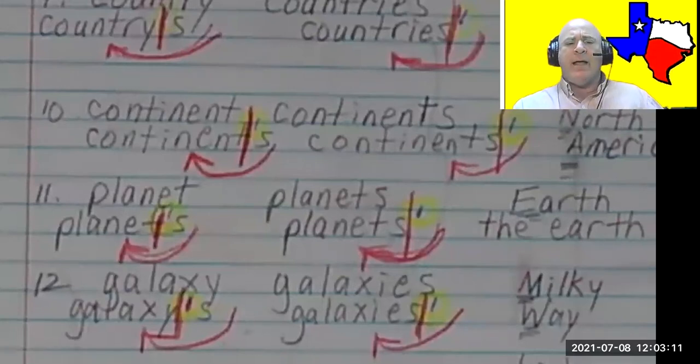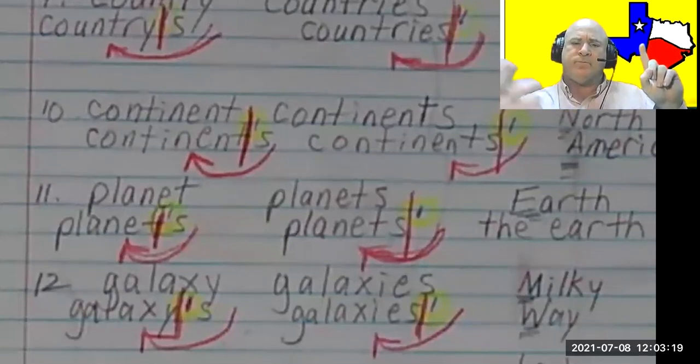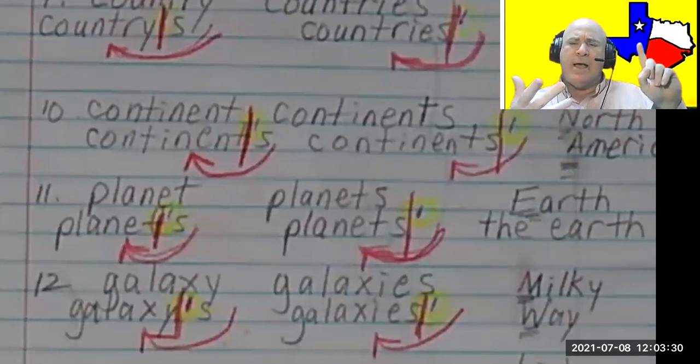Okay? Planet, singular, possessive. The planet's rotation in a complete circle happens once a day, every 24 hours.